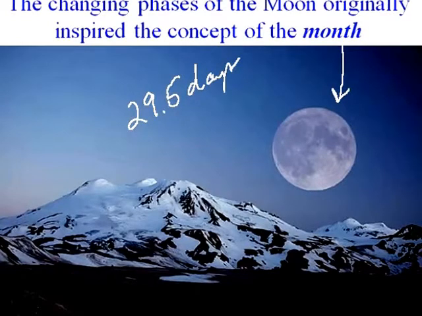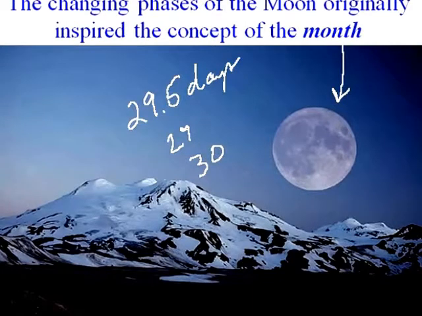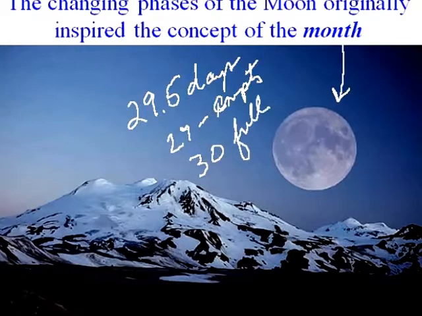And so our ancestors, knowing this, divided the months into either 29-day months or 30-day months to make up for that fraction of time. And so the 29-day months were called empty months, like an empty cup. And the 30-day months were called full months.